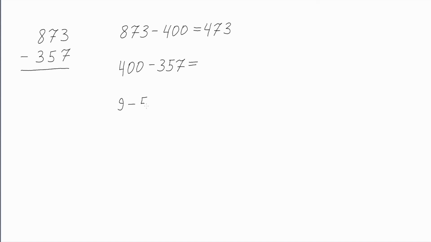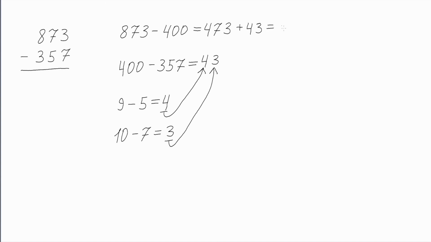So 9 minus 5 is 4. And 10 minus 7 is 3. So our difference is 43, and we need to add it to 473. So our final answer is 516.